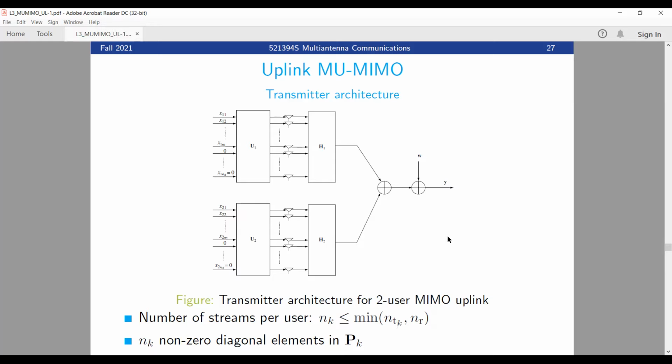Of course, if you have an average power constraint over time, then when you do the optimization over space and time, there might be time instances where some users don't transmit at all. But for a given channel realization, if you optimize the transmit covariance matrices, then you always allocate at least one stream per user in the capacity optimal scenario. Of course, if you are scheduling with a linear strategy, then you use the antennas to serve subsets of users if K is larger than N.